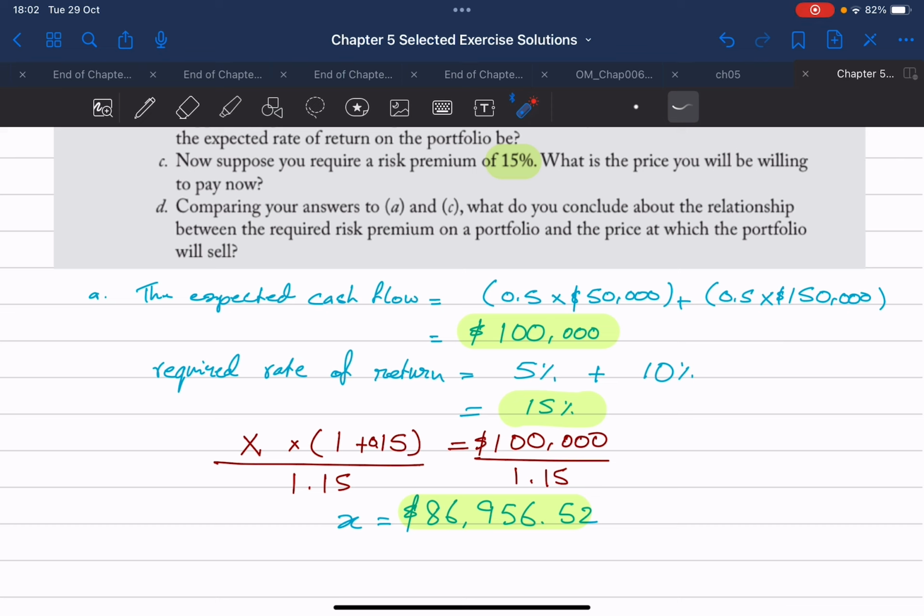Okay, let's use simpler numbers. If I require a return of 10%, right? That means if I invest $100, I should get at the end of the year $110. Okay, that would be the return at 10%.